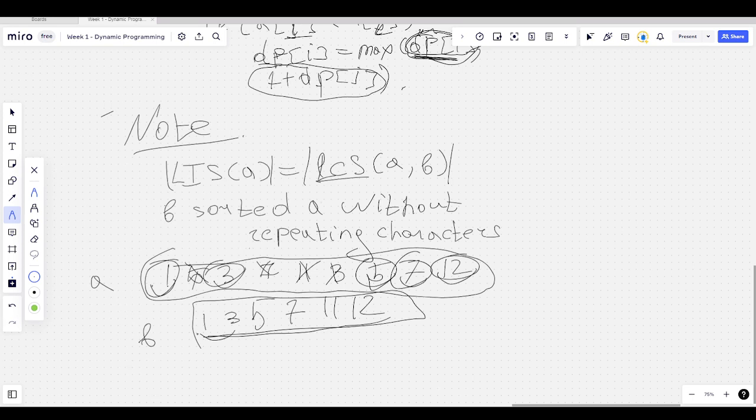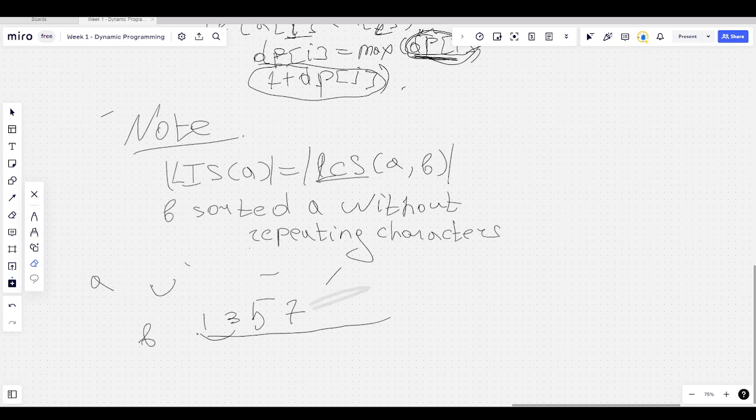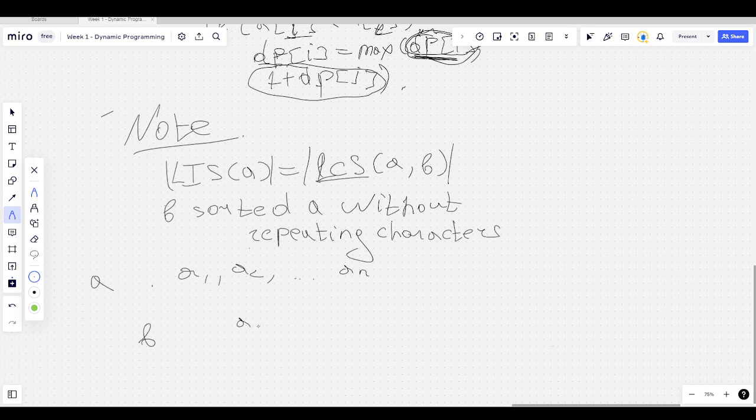So why is it true? Consider this subsequence and consider the sorted sequence without repeating characters.